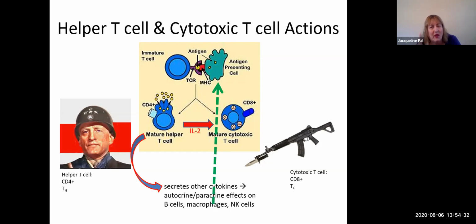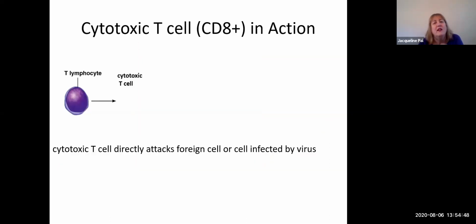And these other cells will actually go back and may become APCs themselves. So can you see how this whole thing is self-perpetuating? It's not one little reaction, but the reaction gets bigger and bigger. Huge explosion. Cytokine storm. Okay, calm down and let's just look and see what's happening on the front lines with that cytotoxic T cell.